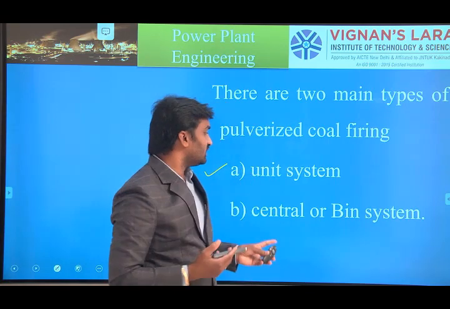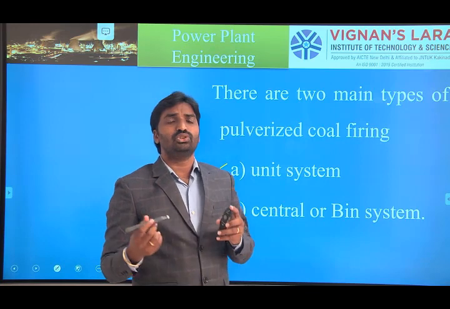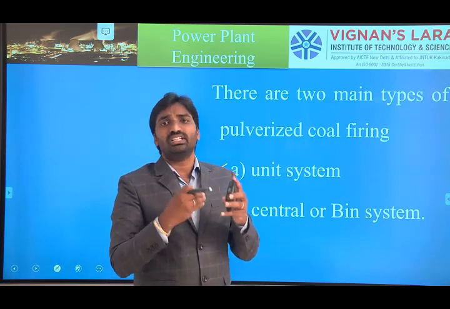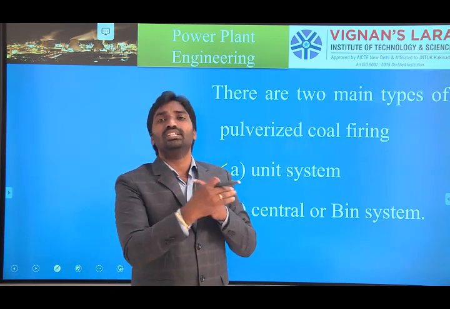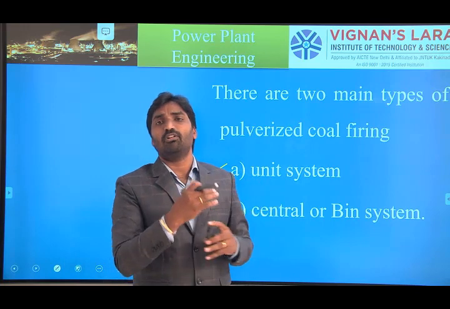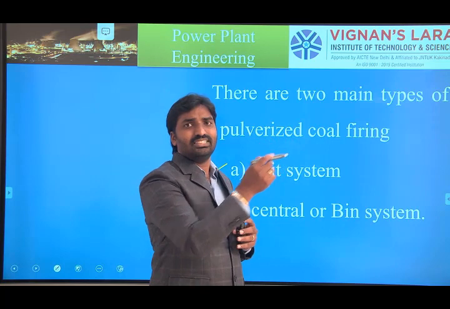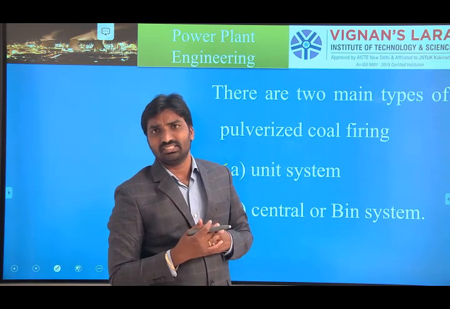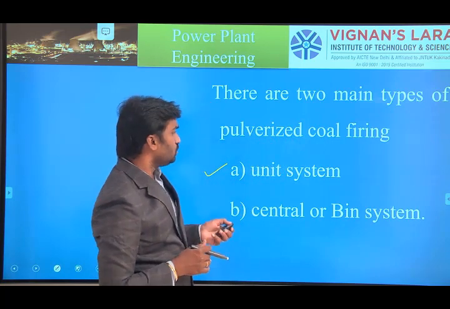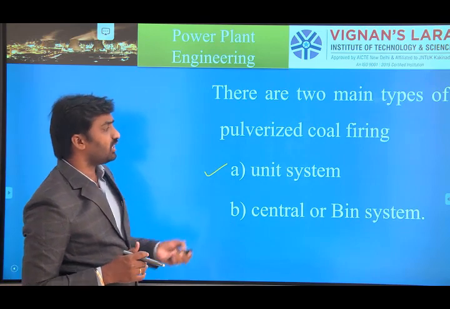In a central or bin system, the pulverization process is done at one central position for the entire steam power plant, and we can supply that coal powder to the furnace by different methods. Here you can see the unit system.